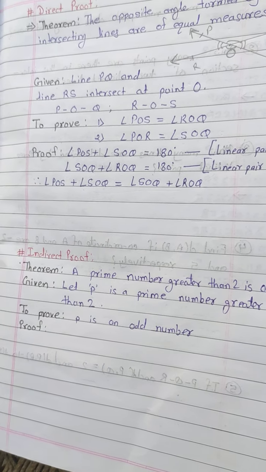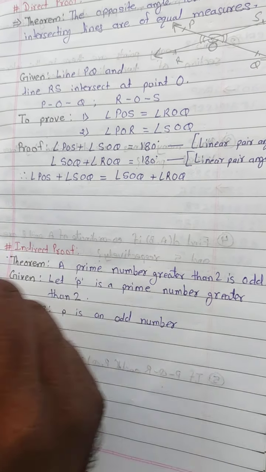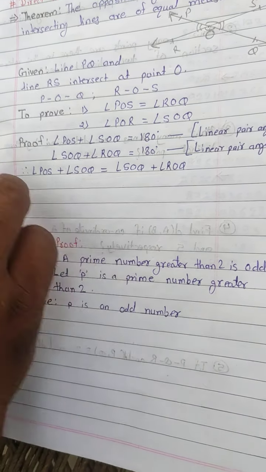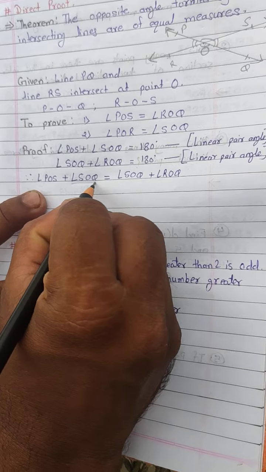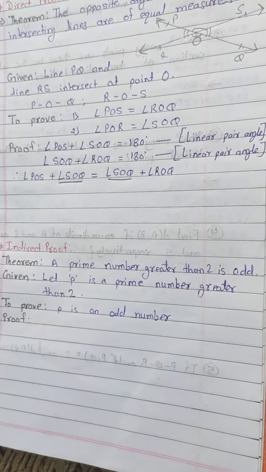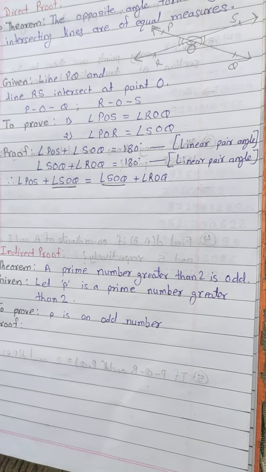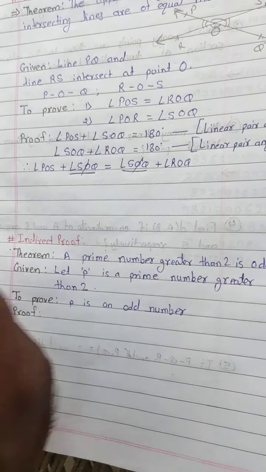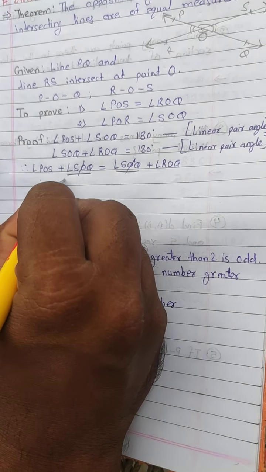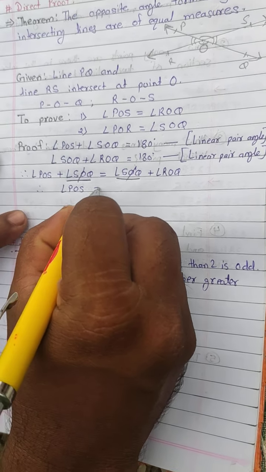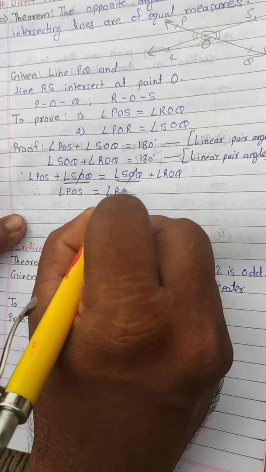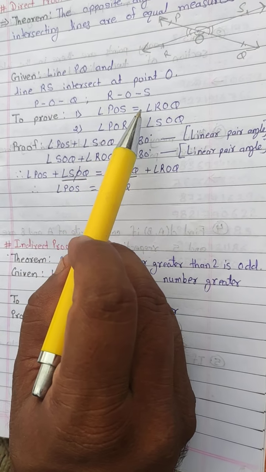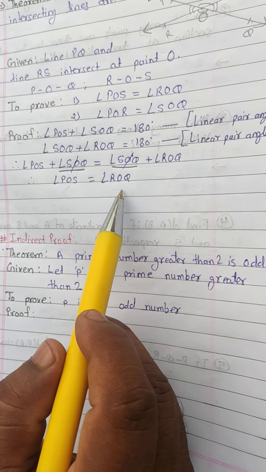But now see, in this equation, angle SOQ and angle SOQ are on both sides, left hand and right hand. So we can just eliminate this one, and we get angle POS equals angle ROQ. This is our first proof. POS equals ROQ.